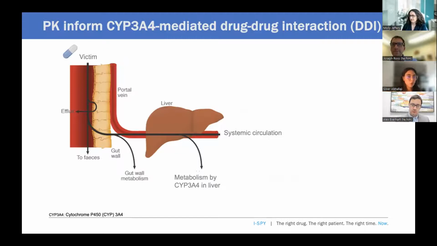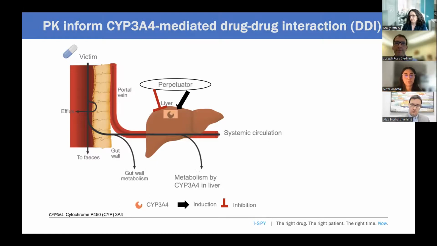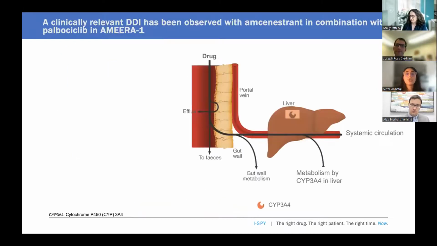The way it goes, basically just a typical pharmacokinetic physiological mechanism, the victim drug gets metabolized in the liver through cytochrome P450/3A4. And there's either a perpetrator, so either an inducer or an inhibitor, that affects the exposure of the victim, which is exactly what happened in AMEERA when they tested palbociclib and amcinestrant.